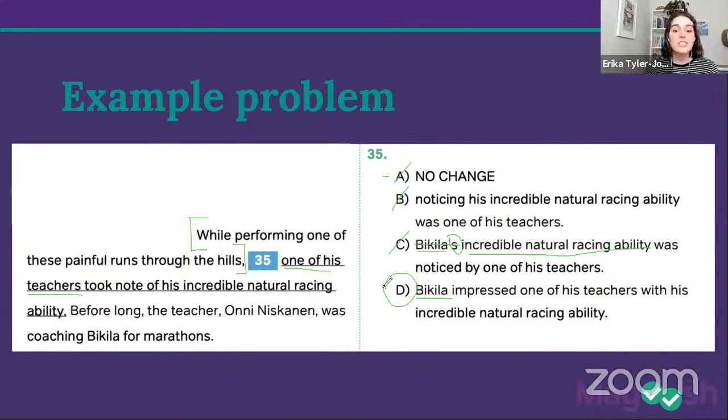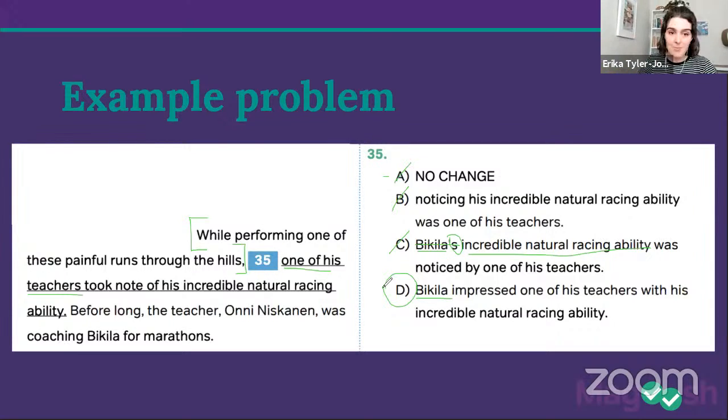All right. So here we're using logic to figure out which has the most likely meaning. I'm saying, hey, it's not mentioned in the paragraph. Maybe the teacher could be running while watching a video of Bakila. Yes, theoretically that could be true. So we have to make a small logical leap here. The runner here is Bakila. Bakila has the natural racing ability. Bakila is running the marathon.